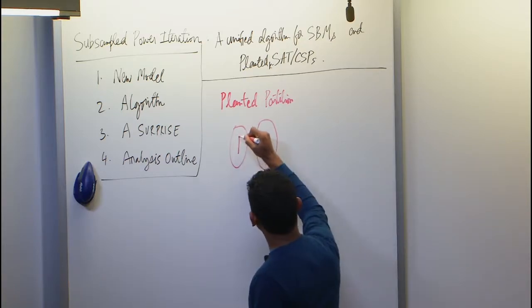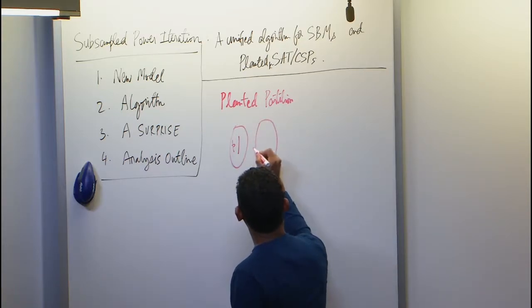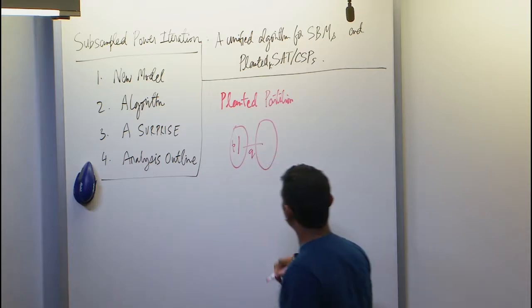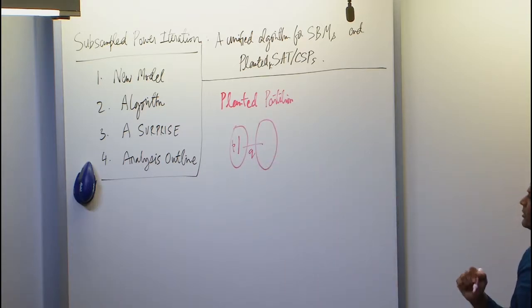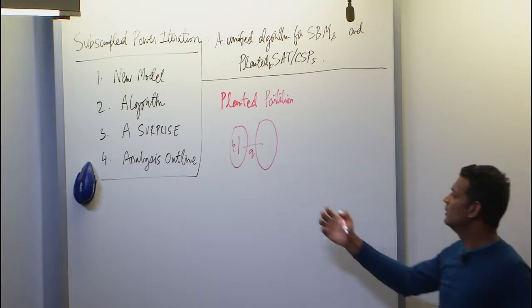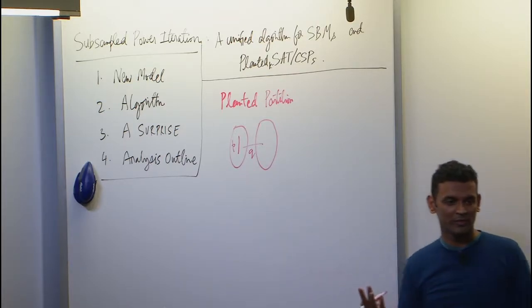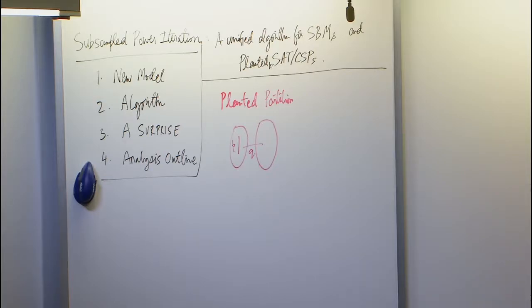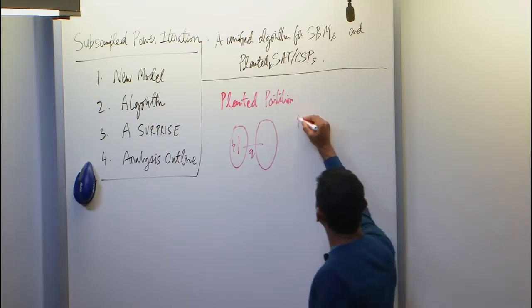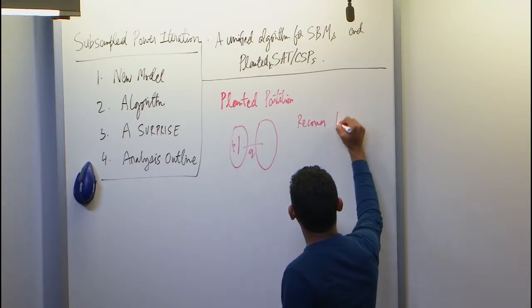Edges within the parts are picked with some probability P. Edges across are picked with probability Q. And so these probabilities are different. And you'd like to find the partition with high probability using as few edges as possible. That's it. Okay, so recover the planted partition.